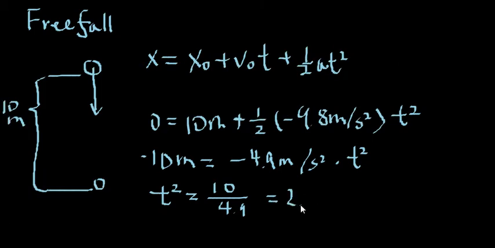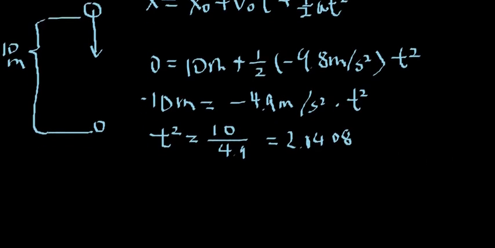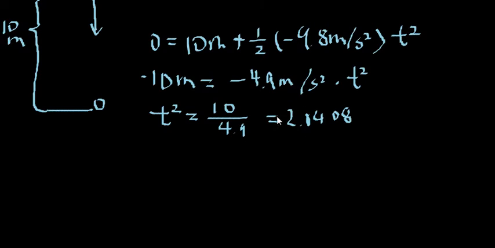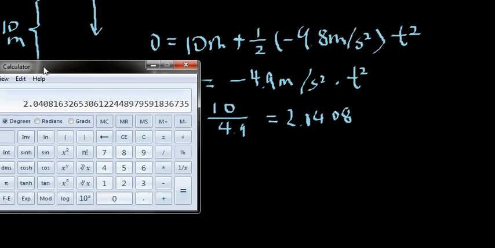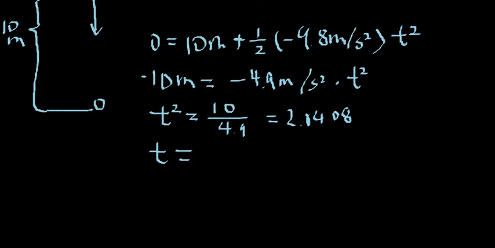So you see, I always leave 4 decimal places after I finish one calculation during the questions. So t equals the square root of that, which is 1.4286 seconds.